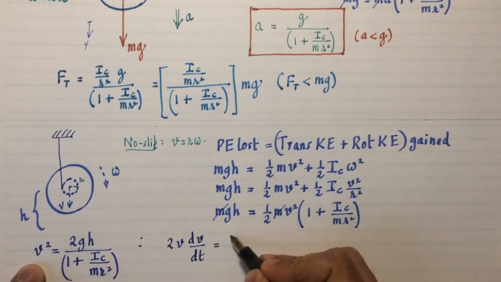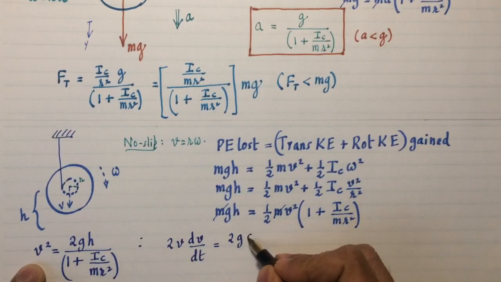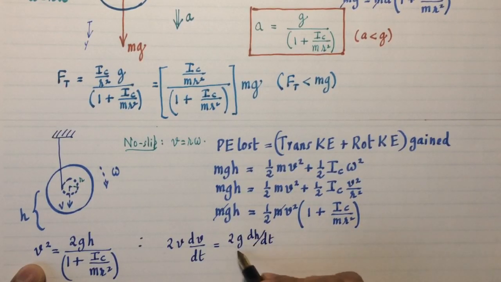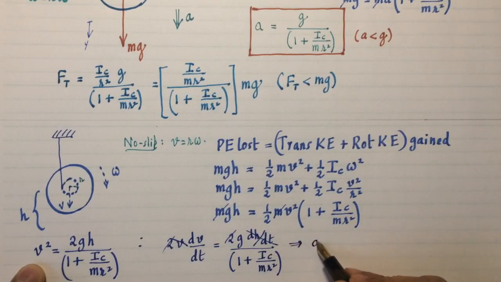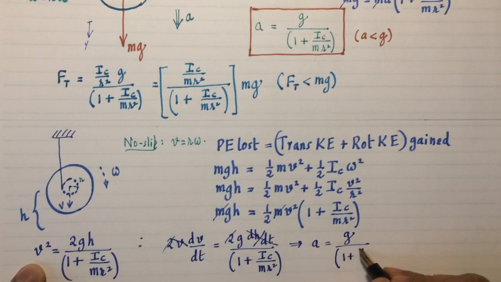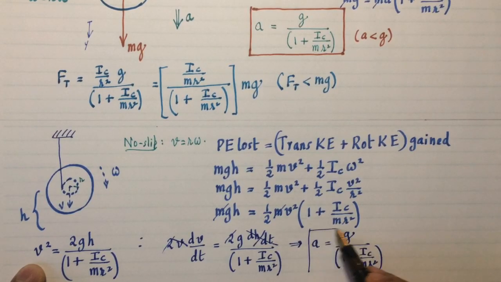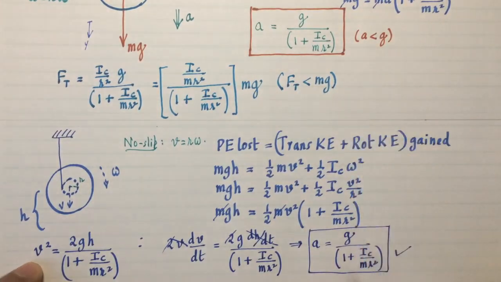And the right-hand side is 2g times dh by dt. The denominator factor does not depend on time, so it just escapes the differentiation. 2 cancels out. Now the rate of change of height is precisely the translational velocity, so that cancels out too. And so I am left with the acceleration equals g divided by 1 plus I sub c over mr squared, which is precisely the result we got earlier from Newton's second law.